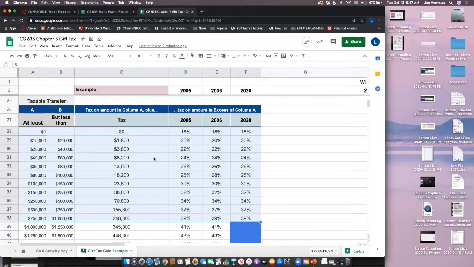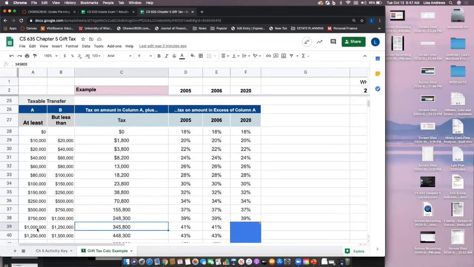So when you look at the tax rates, the highest tax rate at $1 million ends up being $345,800. So if somebody had an estate worth, or gave a taxable gift of, $1 million, the tax on that is going to be $345,800.